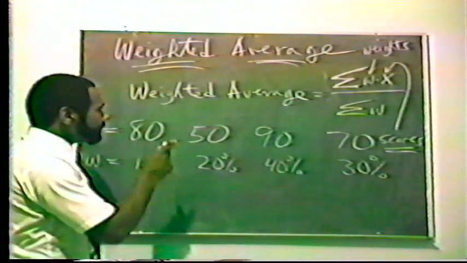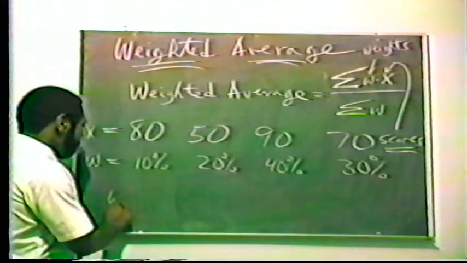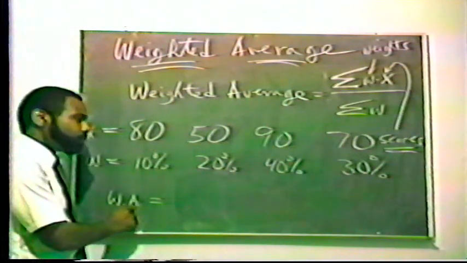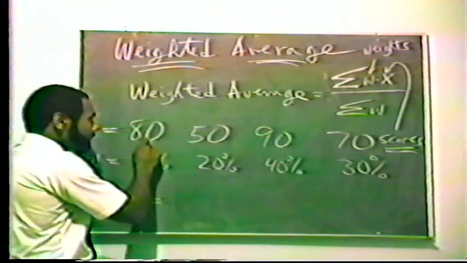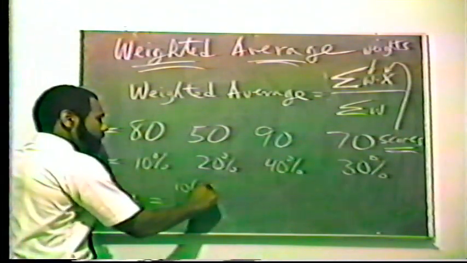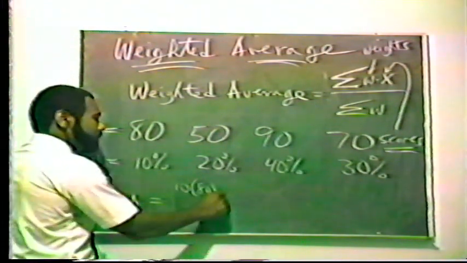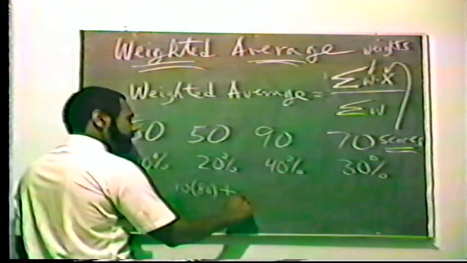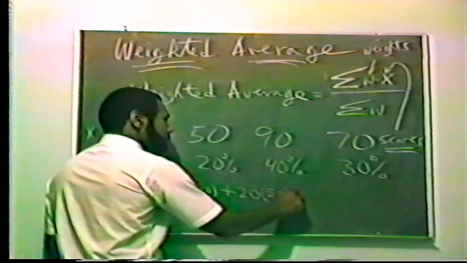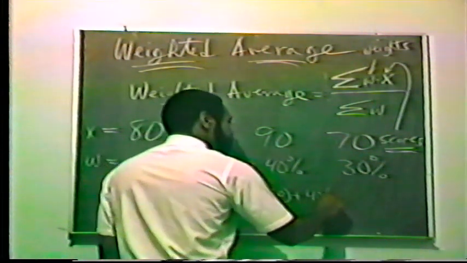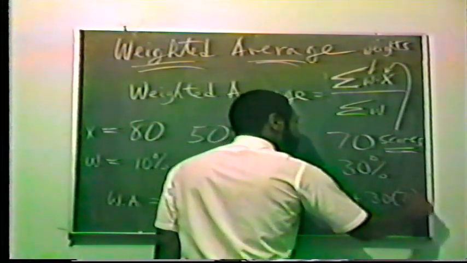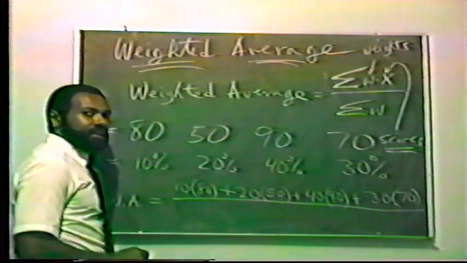Now, for the example we have here, the weighted mean, or weighted average, as we'll call it, WA, equals the weight of the first score, which is 10, times the first score, plus the weight of the second score times the second score, plus weight times score, plus weight times score, and it's all divided by the sum of the weights.